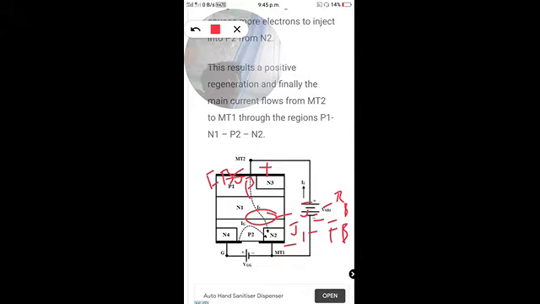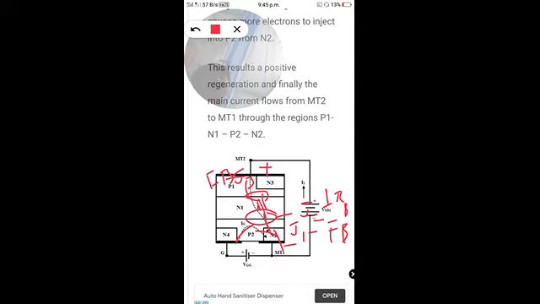So when we apply this gate voltage, the electrons are injected from N2 to P2. These injected electrons reach the reverse biased junction and enter the N1 layer. Since junction J1 is already forward biased, the electrons reaching the N1 region are attracted towards the P layer, because the positive supply is connected to the P1 layer.